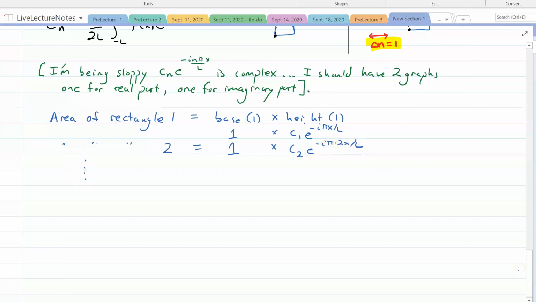What if I add up all of those areas? Sum over all the areas, from minus infinity to infinity, a sub n. This is the total area of all the rectangles.